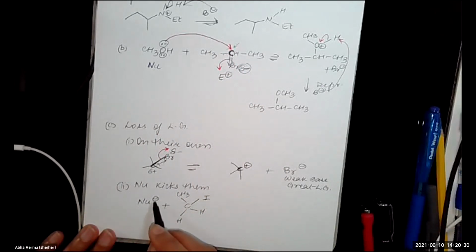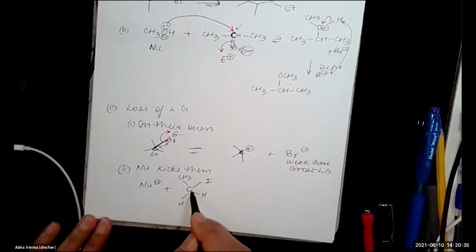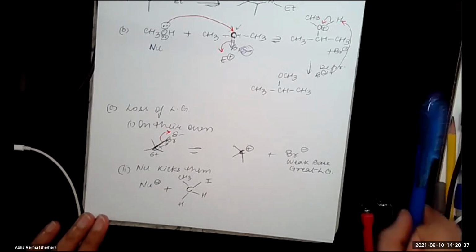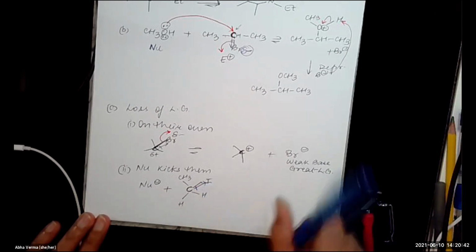Now your nucleophile, the electron rich, attacks this carbon. Why this carbon? This carbon is feeling electron poor because of this iodide.